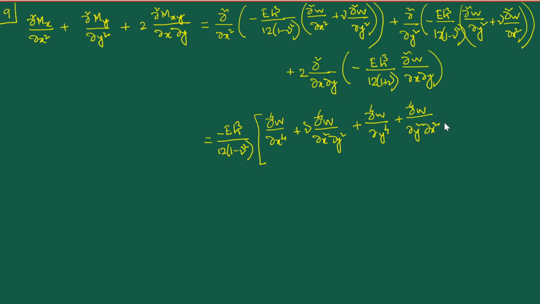And for this, let me not forget this 1 minus nu, because I have taken this 1 minus nu square in the denominator common, but I only had a 1 plus nu. So I'm effectively multiplying a 1 minus nu here. To take that common, I'll have to compensate by a 1 minus nu in the numerator.